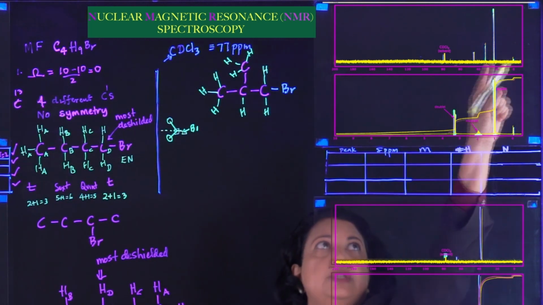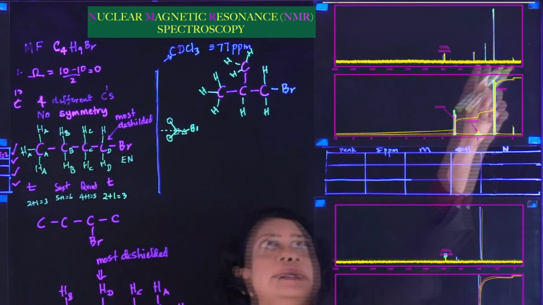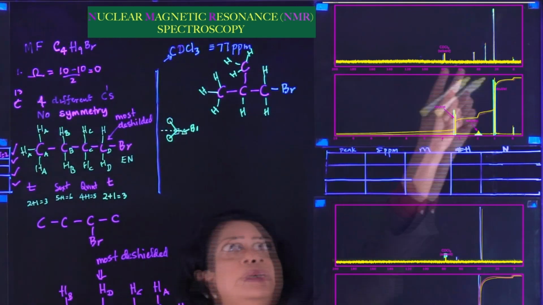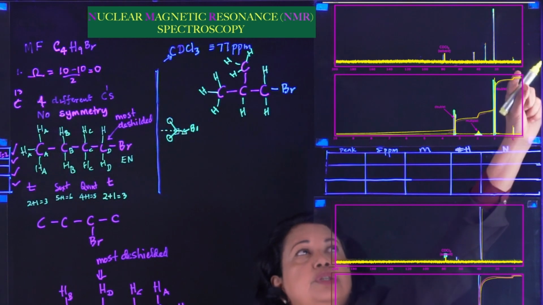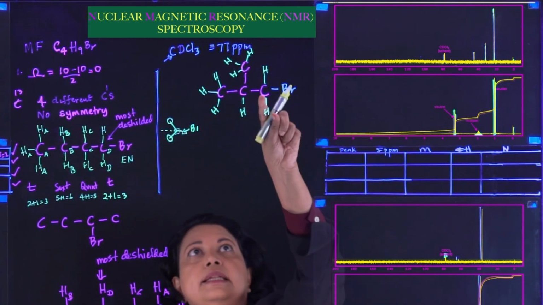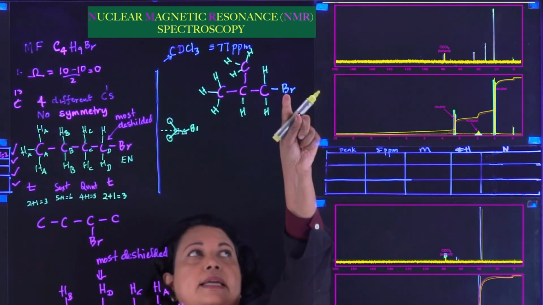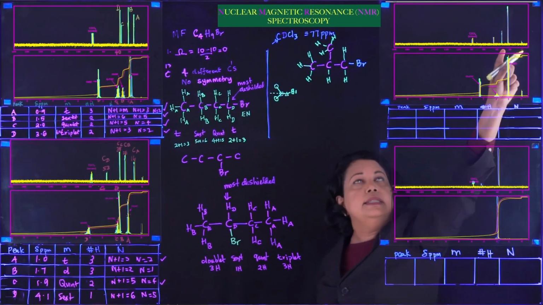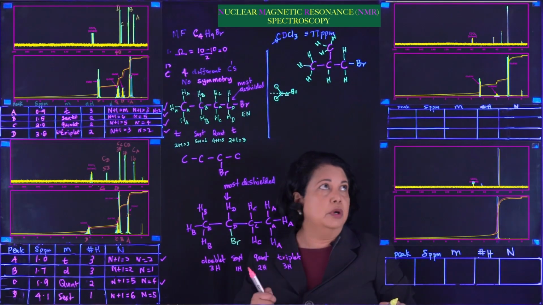Now 3 peaks. 2 of them are identical, and they're furthest away from the bromine, so you will have them closest to the 0. This is probably this carbon that's directly connected to the bromine because it's deshielded, and maybe this one is this. Let's check it out with the proton NMR.